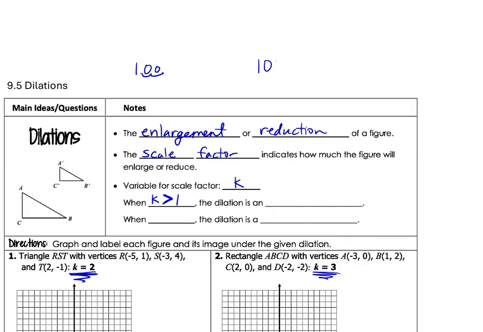Or if you have 100% of something and you're looking for the decimal version, that would be the number 1, okay? So everything relates to 100% of the figure. If that K value is bigger than 1, so more than 100% of what you started with, is that going to grow or shrink? It's going to grow, right? That's going to be an enlargement.